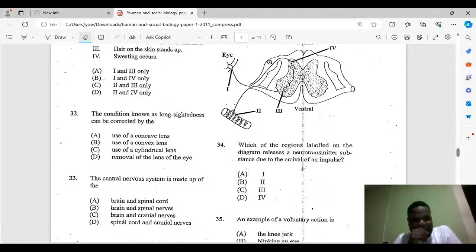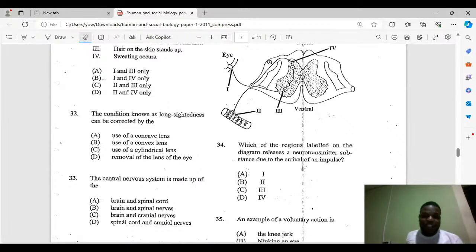What are you saying for this one? Is it A, B, C, or D? Let me know, guys. So somebody's saying A. Somebody's saying C. Read the question, guys. The answer is given away in the question.